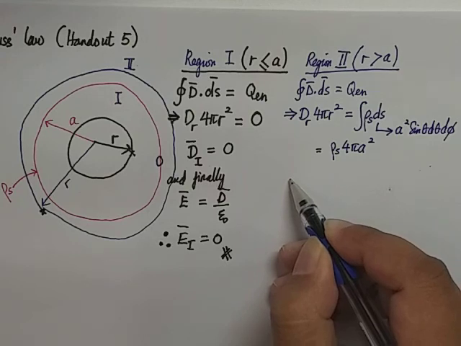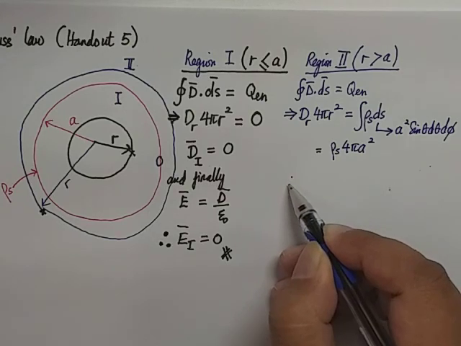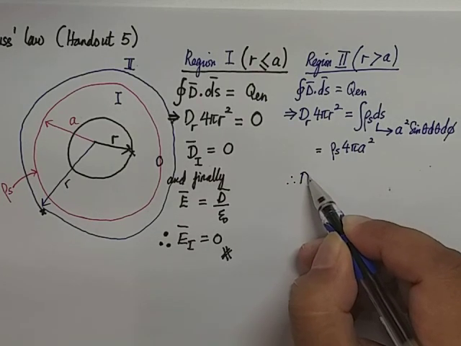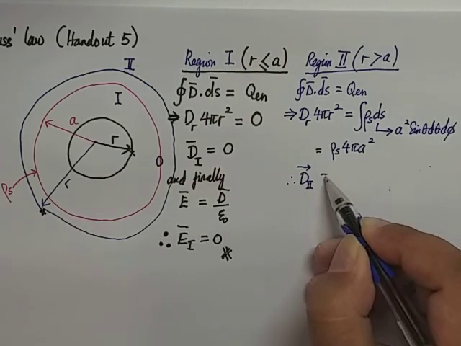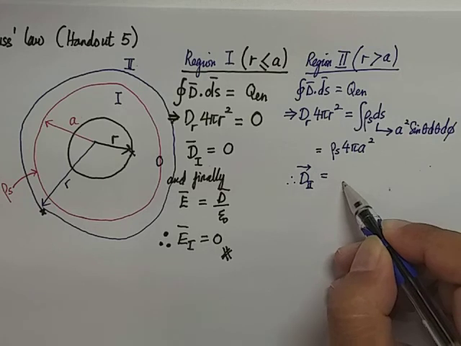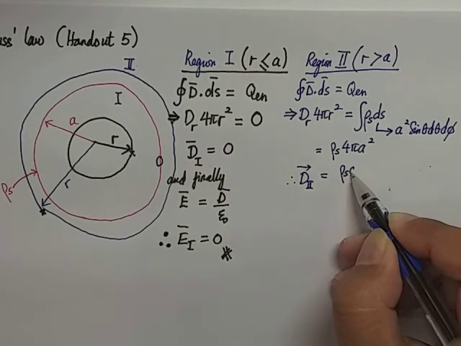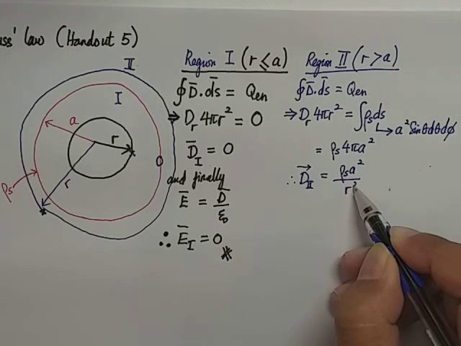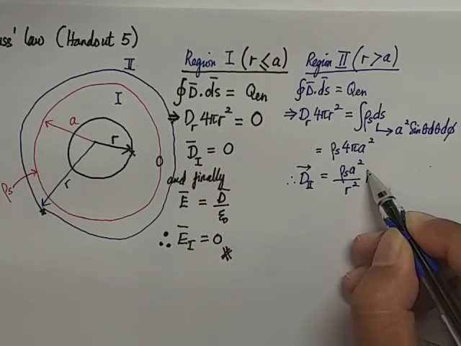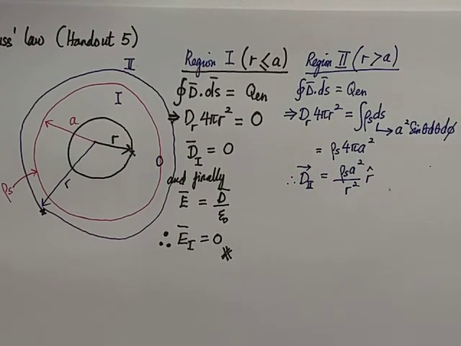And for region number 2, the D2 will be equal to rho_s a squared divided by r squared in which direction? Yes, r direction. Okay, because we can cancel the 4 pi.